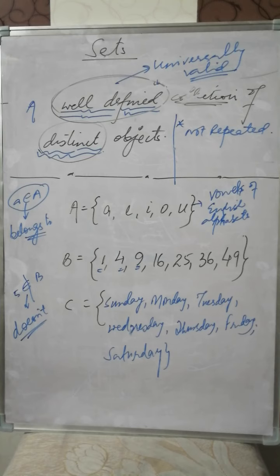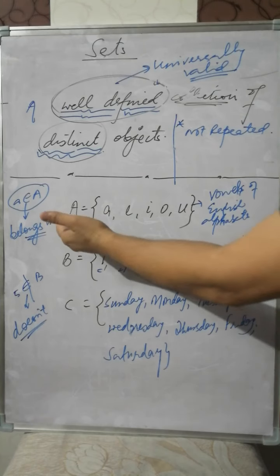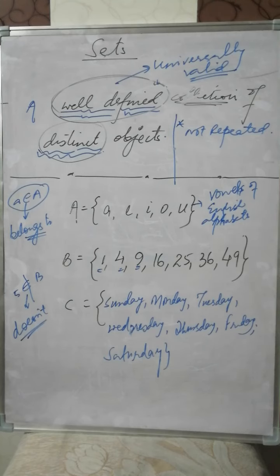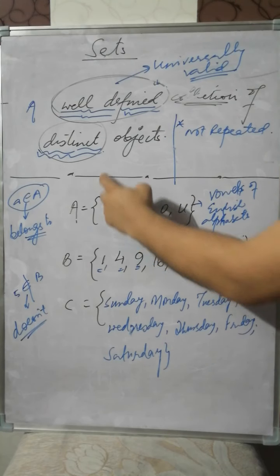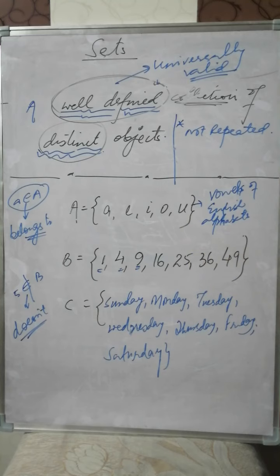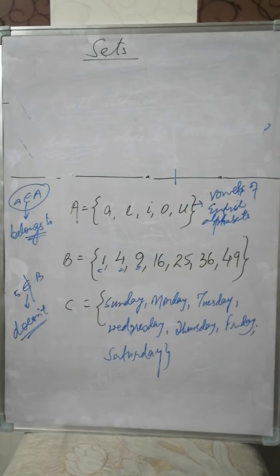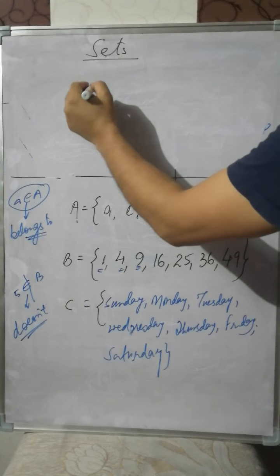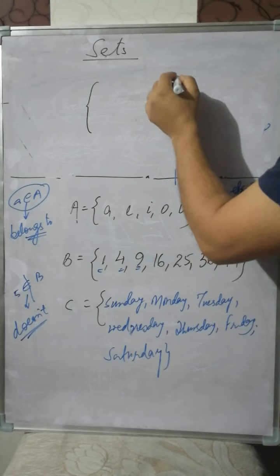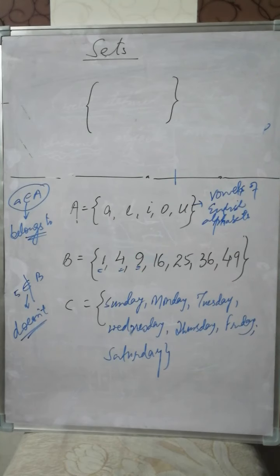Now, how can you write a set? Generally, we denote a set by a capital letter and we write all the elements of the set inside curly brackets. These curly brackets are to be taken care of while writing. Generally it's advisable to write it like this. And the elements are separated by putting commas in between them.